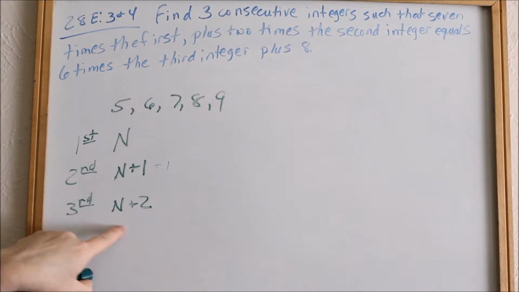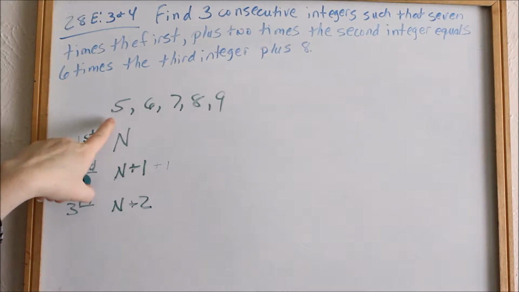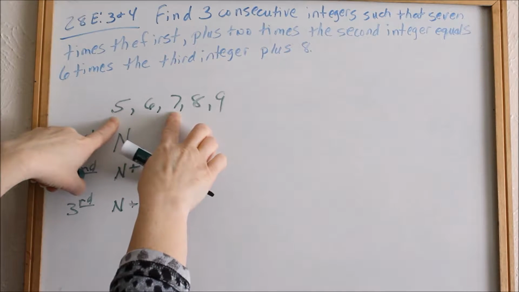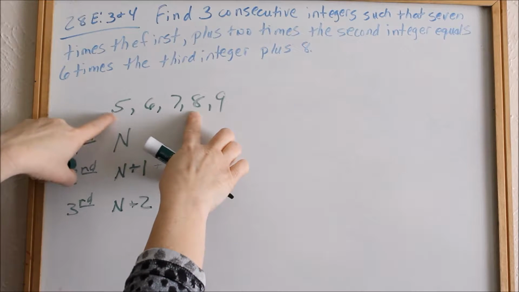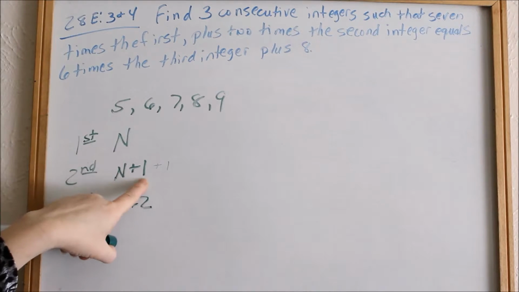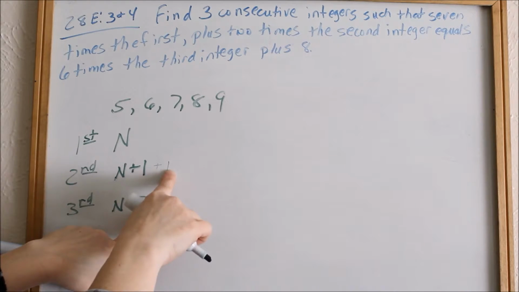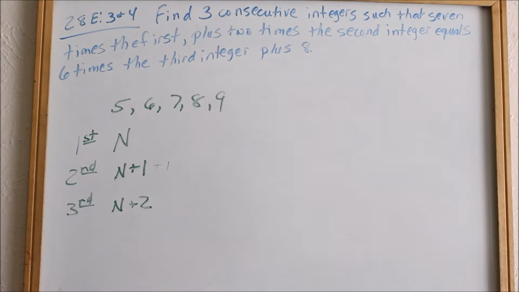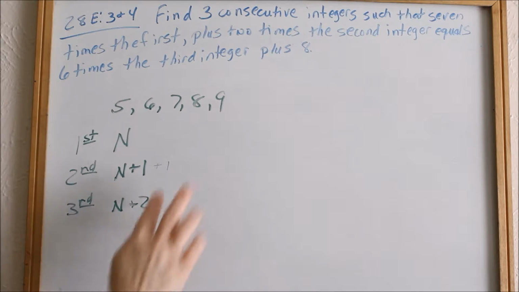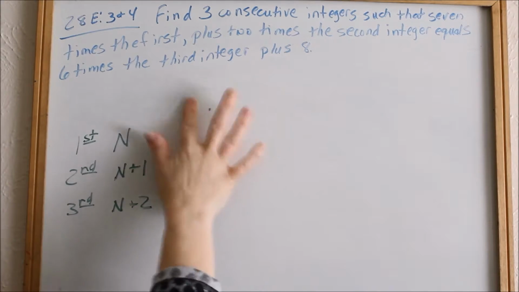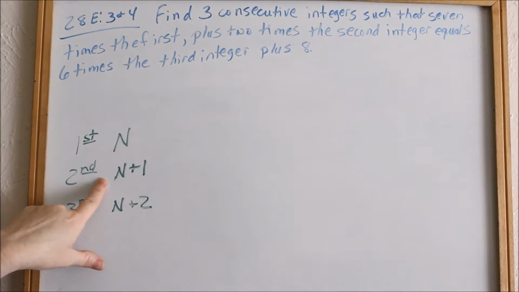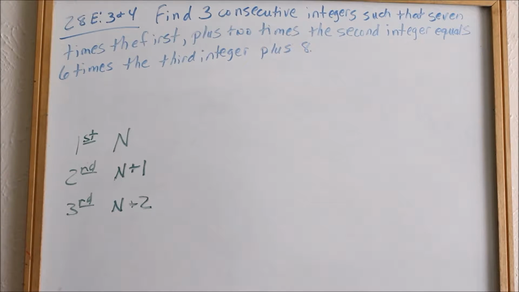And if I kept going, n plus 3, n plus 4, and so on, because I'm adding 1 to the original number each time. But since we only want 3 consecutive integers, our first integer is n, my second integer is n plus 1, and my third is n plus 2, because they're consecutive.